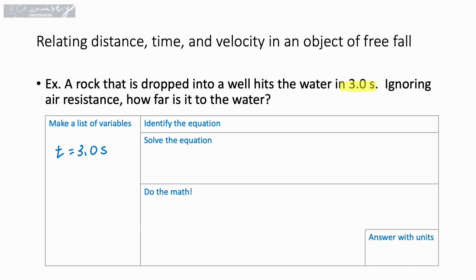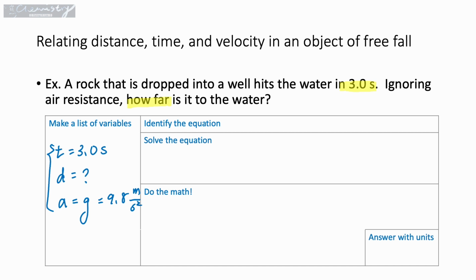We are wondering how far it goes, so we are looking at the distance. We know for a fact that the acceleration for free fall is equal to gravity, and that is 9.8 meters per second squared. This is a constant that we know in all the cases when we're looking at free fall.